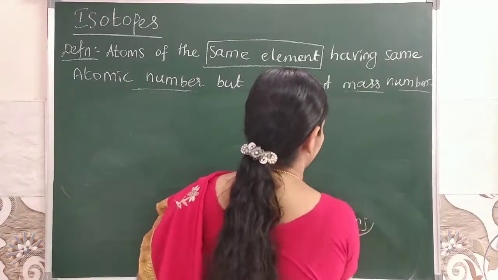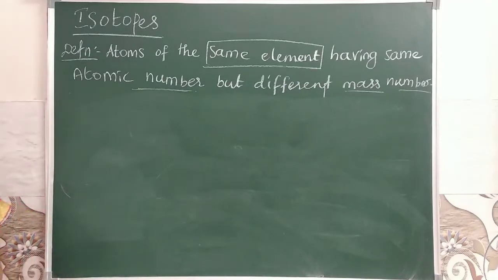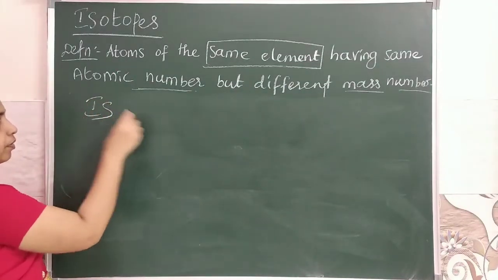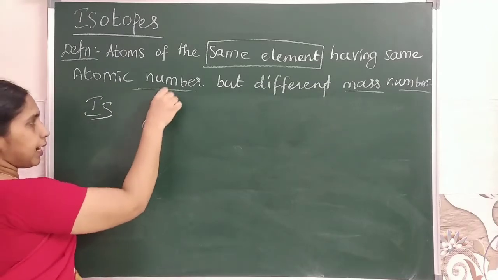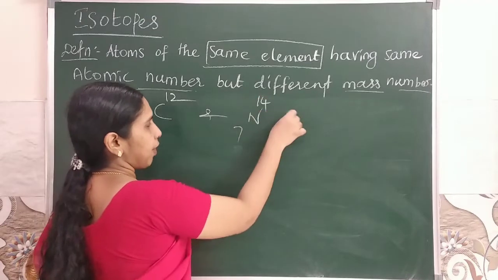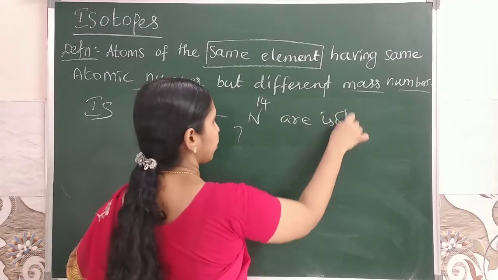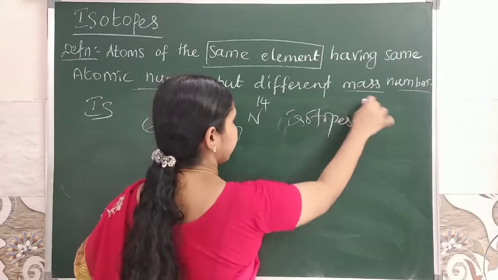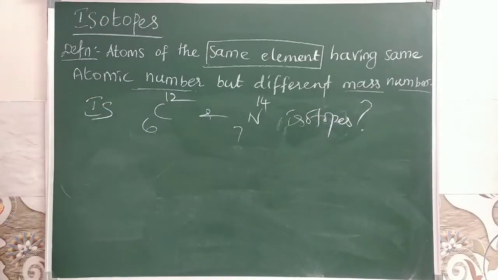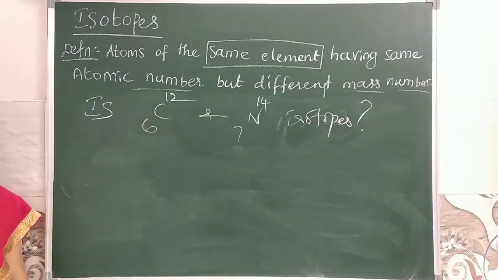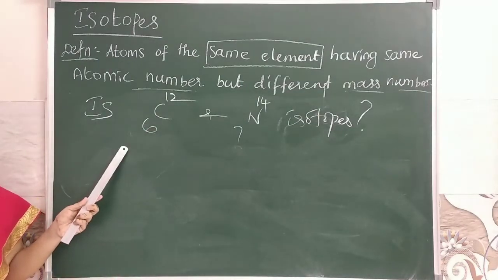One question is asked like this: carbon 12 with atomic number 6 and nitrogen 14 with atomic number 7, are they isotopes or not?